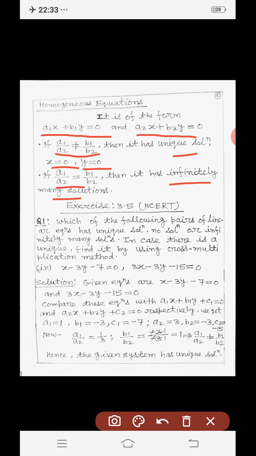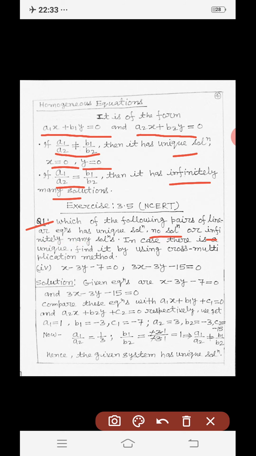Now we find the solutions of the questions of exercise 3.5 from NCERT. Question number 1. Which of the following pairs of linear equations has a unique solution, no solution, or infinitely many solutions?